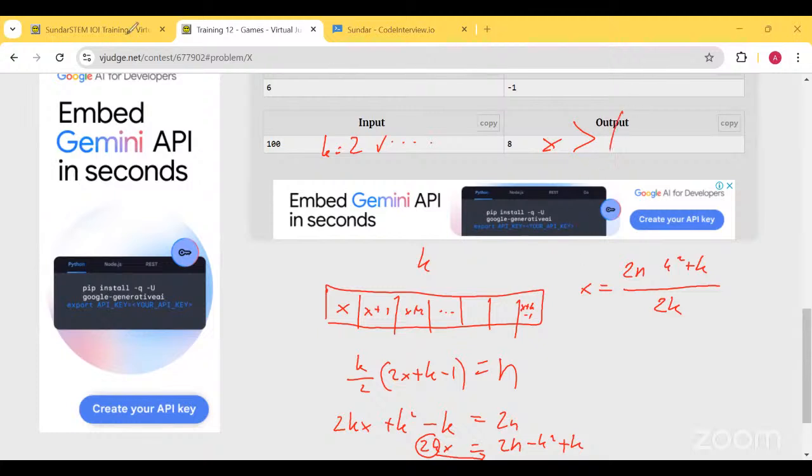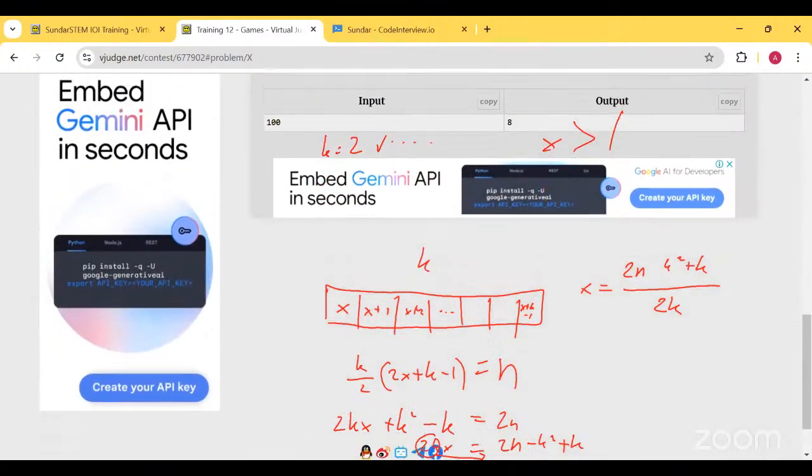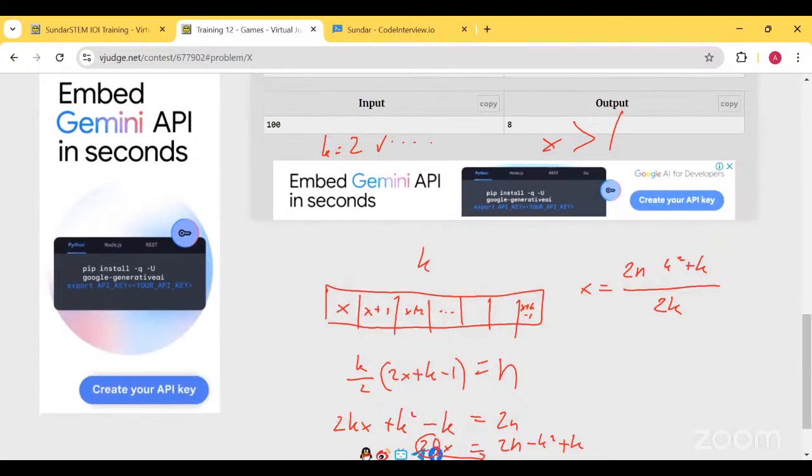And we know x is greater than 0, since the number of piles should be greater than 0. That's why 2n minus k squared plus k is greater than 0.